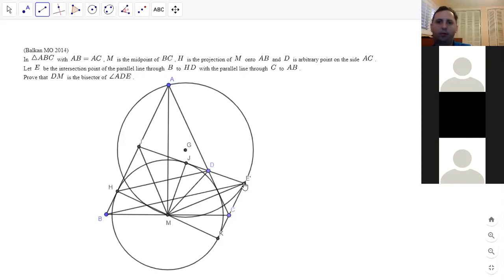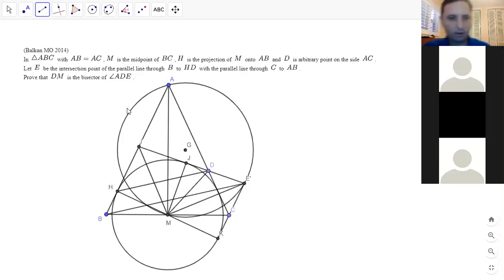I'm a little confused by what BJ said, but yeah, we want to find IH over HB, but we have a bunch of similar triangles. And yeah, HM and K are collinear.